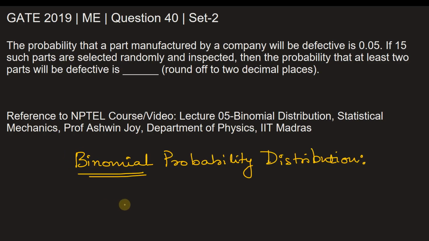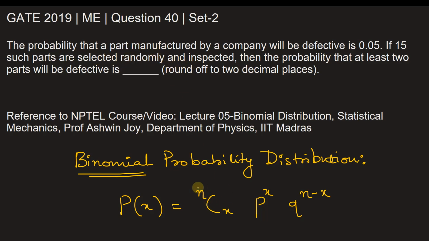The binomial probability distribution is written as P(x) is equal to nCx p to the power of x and q to the power of n minus x. Now here, let p be the probability that the selected part is defective, and n is equal to 15 because there are 15 such parts selected randomly.